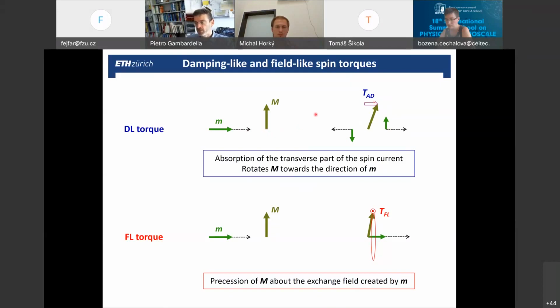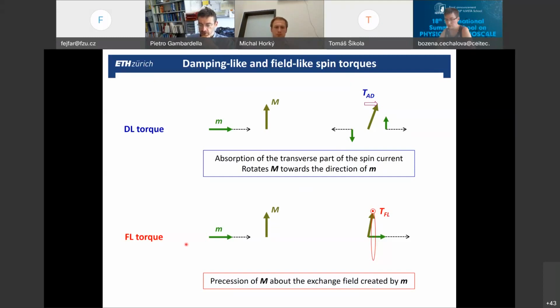And so this corresponds to a transfer of magnetization from the non-equilibrium magnetization to the local magnetization. So to this torque here. That's the action of the damping-like torque. This is called AD, sometimes it's called anti-damping.